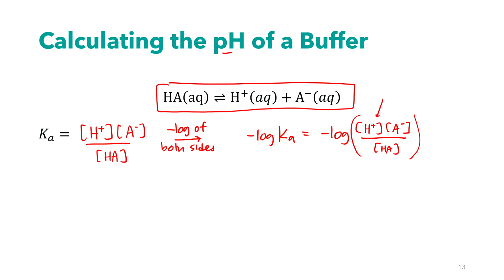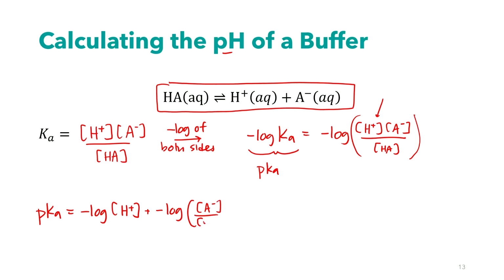So I'm going to split this out. I'm going to recognize that the negative log of the Ka is the pKa. And I want now to isolate that negative log of H+. So I'm going to have pKa equals the negative log of H+, and then I'm going to split this out, plus the negative log of A minus over HA. And there's my pH. With one more rearrangement, I'm going to bring that second term over to the other side.